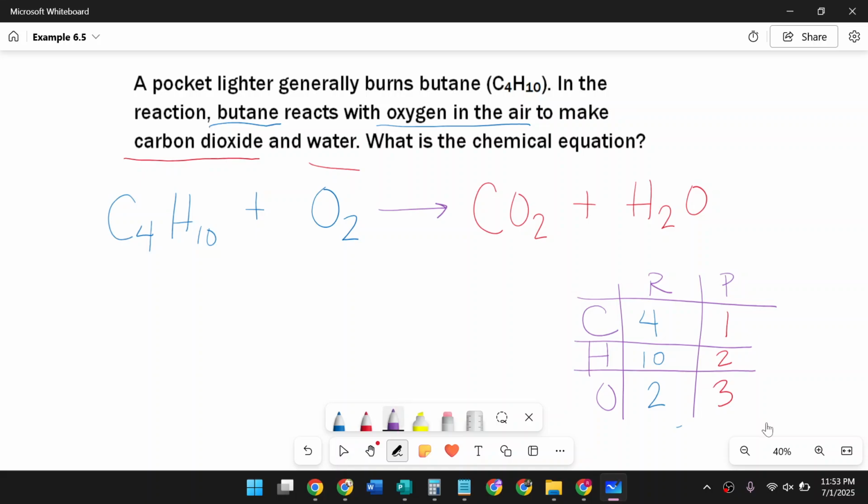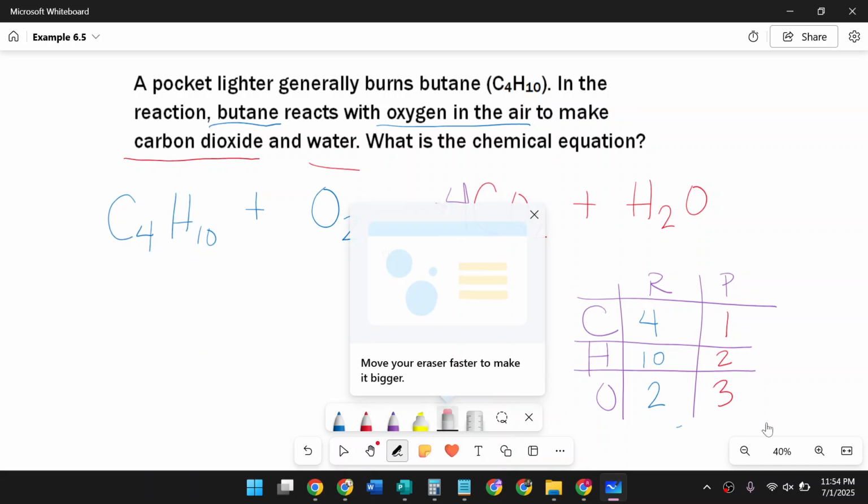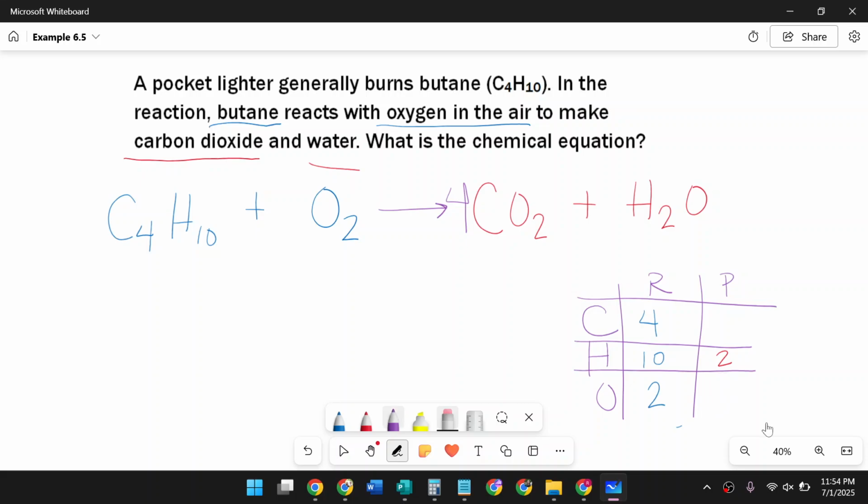last. So because we have 4 carbons here and only 1 on the other side, let's start by putting a 4 here. That will change our carbon number and our oxygen number. So we now have 4 carbon on the product side, and we have 4 times 2 makes 8 oxygen over here, and then we have 1 more oxygen over here, so that's 9 total oxygen.